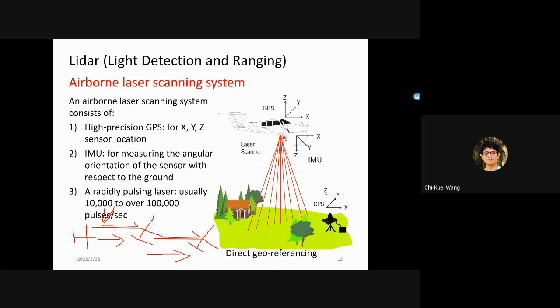I want to clarify this: the system does not send several pulses at the same time. The pulses are sent out one by one by one. And then there's this other thing: there's a ground GPS here.